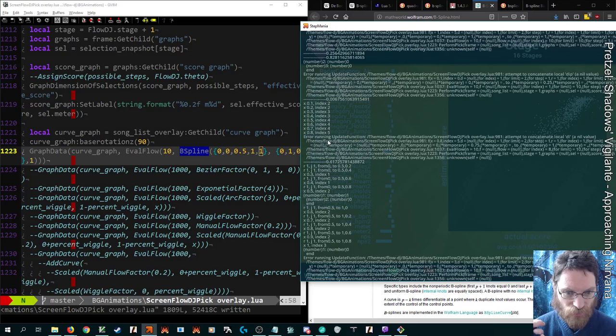Then we get a table of 2 elements. 1, 2, and we should have a third. 1, 0. Oh, 0.5 to 1, 0, 2, 4, 6, 8.